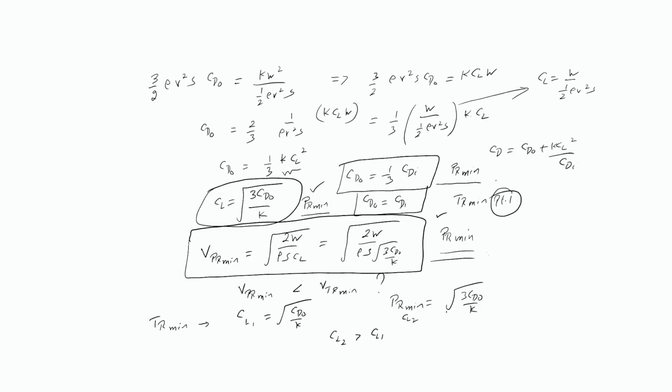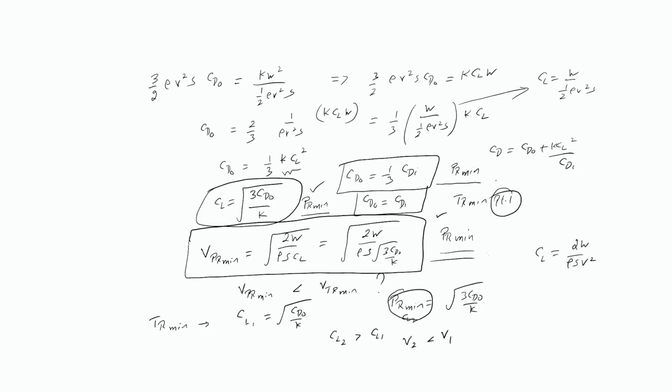But there is an inverse relation between velocity and CL. CL equals 2W by rho S V square. So the velocity for point 2 will be less when compared with the velocity for point 1. Point 2 is the one we considered for power required minimum.